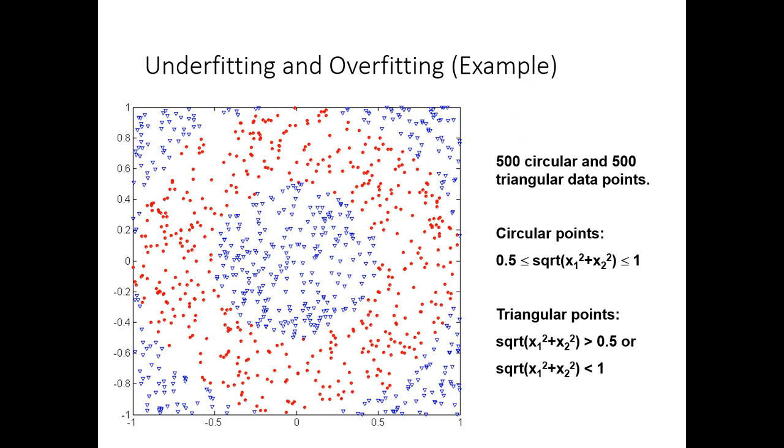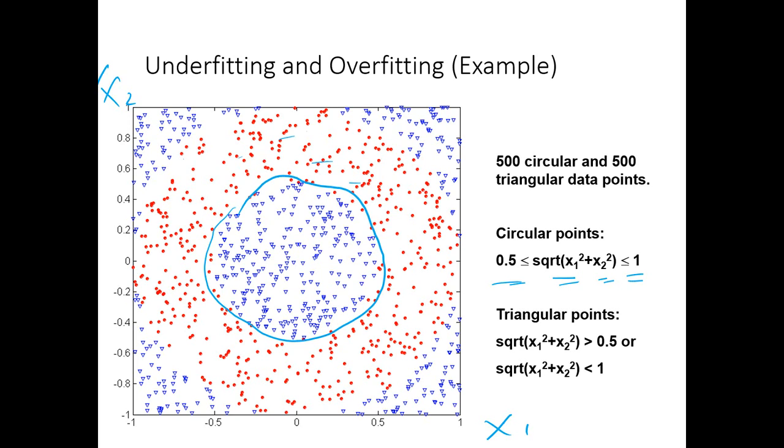Ideally, the square root of x1 squared plus x2 squared, where x1 is this axis and the y-axis is x2: if this is lying between 0.5 and 1, then it is circular. These are the red points.